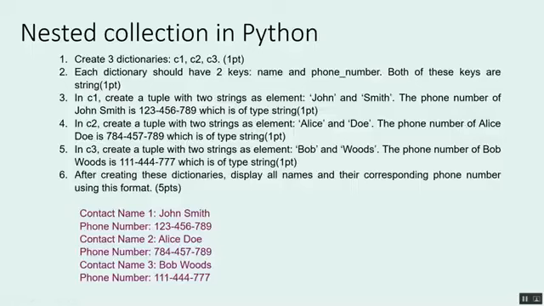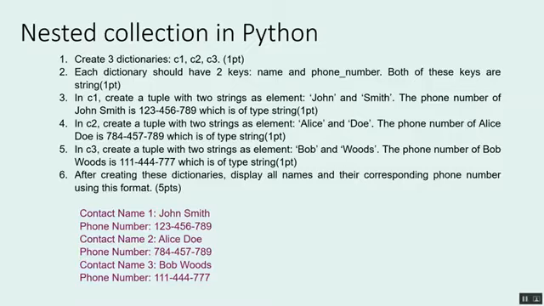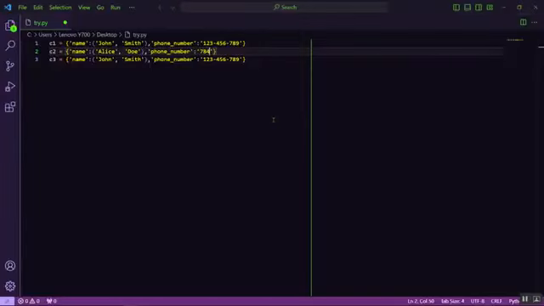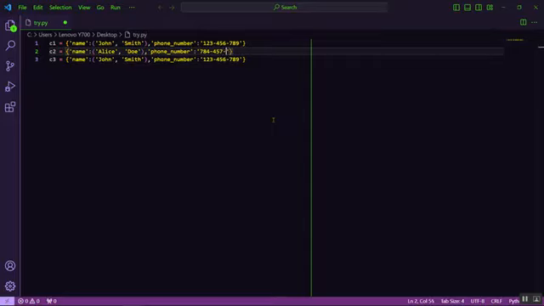And then the second one is Alice Doe. And then for the phone number, 784-457-789.